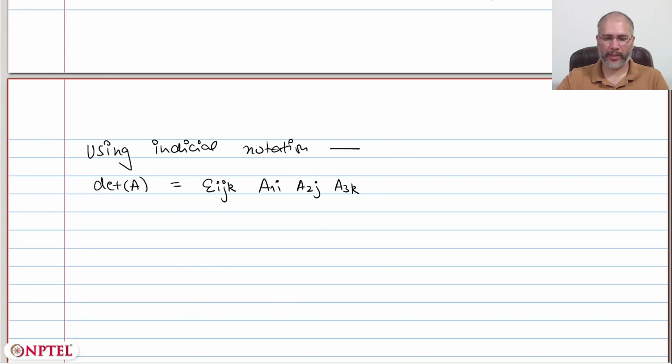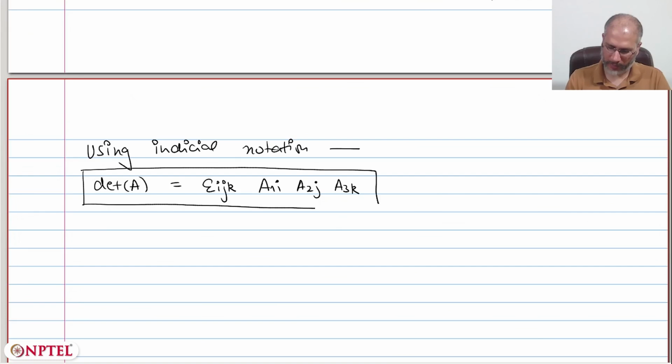Now we can see that this is again quite compact. We don't need to expand over the rows or the columns of A by writing the minors and so on. And this is very helpful for simplification. So I'll box it because this is a very important indicial notation relationship for us, and this helps significantly with simplification.